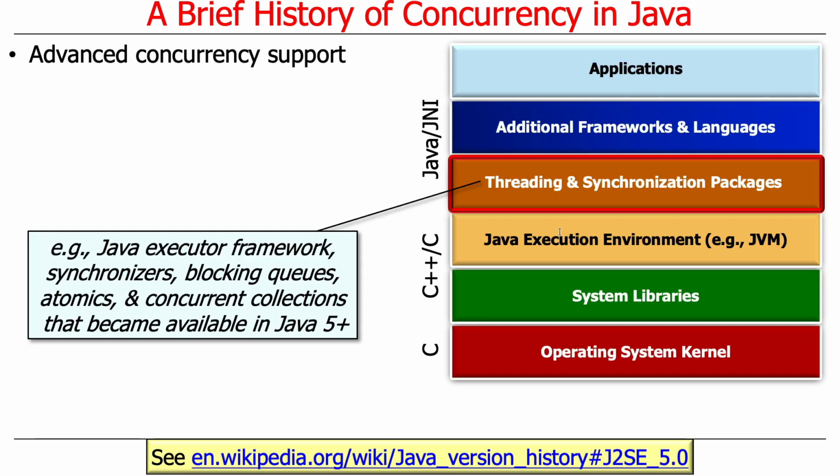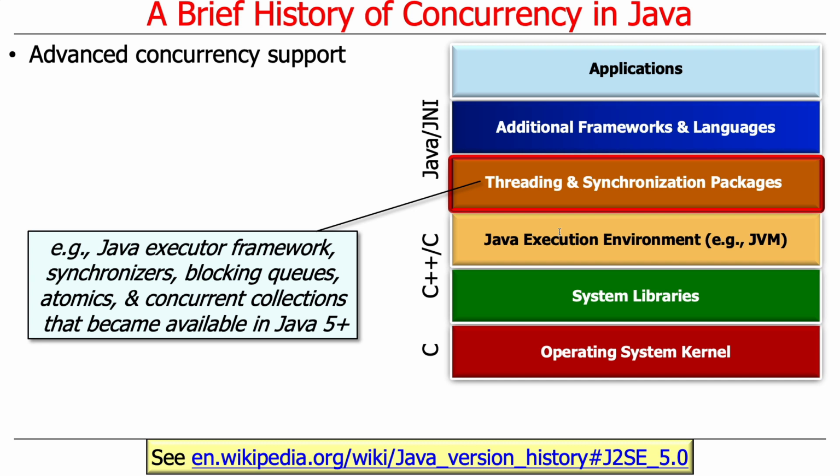So because of the limitations with Java 1, when Java 5 came along, which was roughly the 2004 timeframe, so 15, 16 years ago, they added a whole slew of new concurrency and synchronization frameworks and mechanisms. They added something called the Java executor framework, which supports coarse-grained task parallelism.